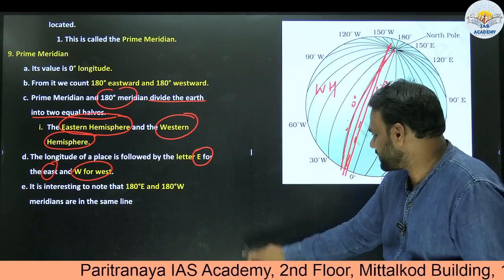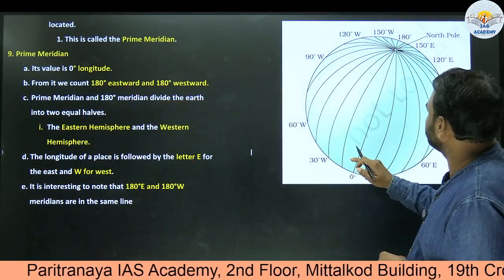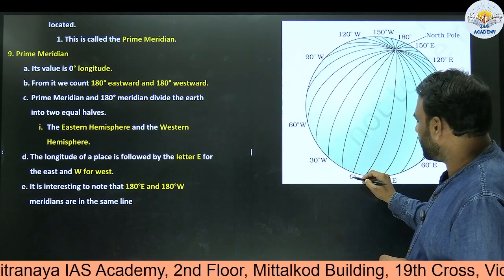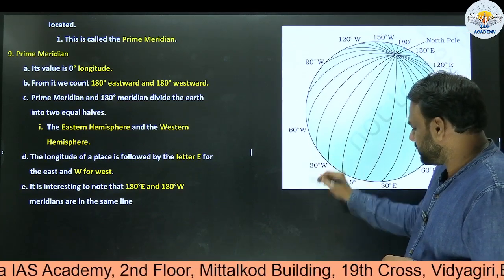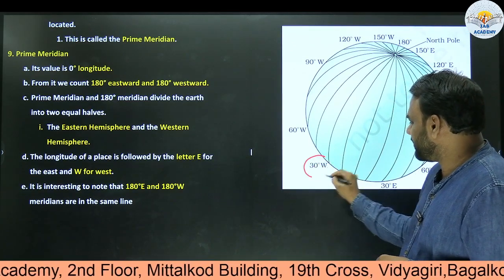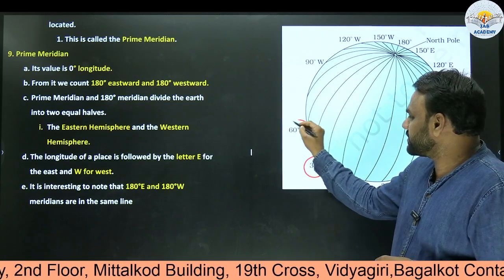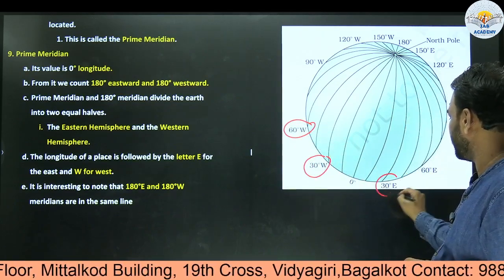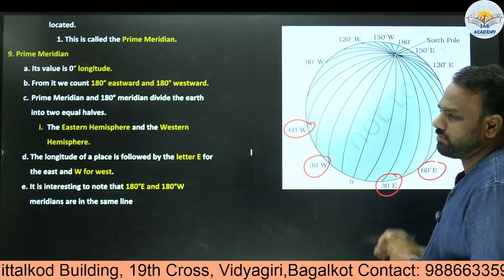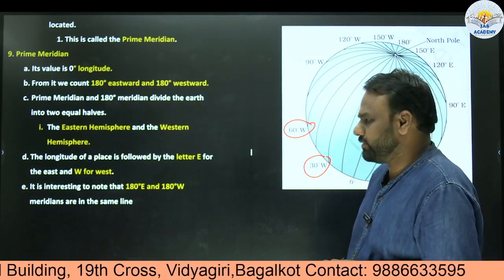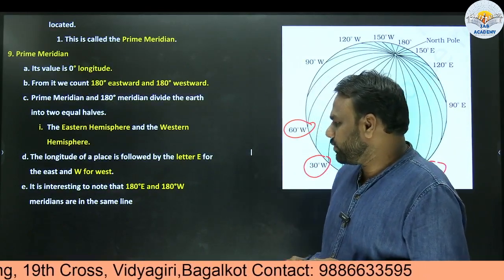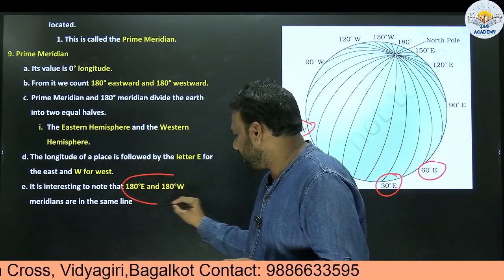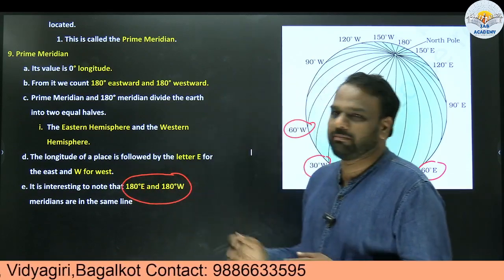So if you look at this example, see what we'll find. This is 0 degree, this is 30 degree west, because it exists towards the west. This is 60 degree west, and here 30 degree east, 60 degree east, and so on. It's interesting to note that 180 degree east and 180 degree west are on the same line.